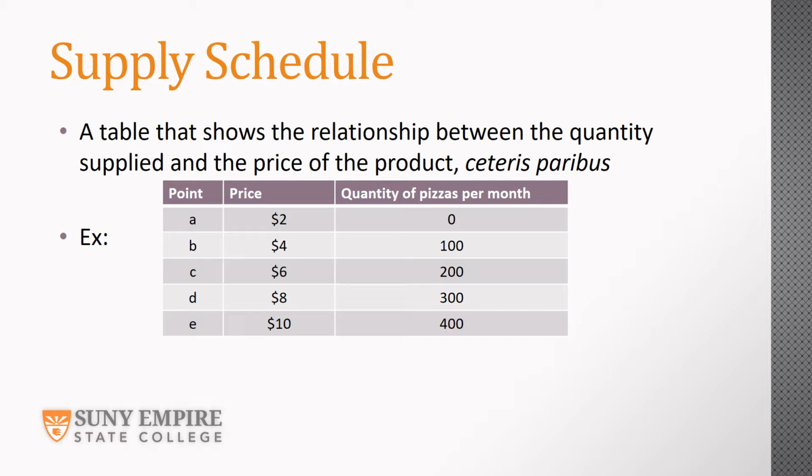At $4, the companies will barely cover their costs, so they are willing and able to produce 100 pizzas. At $6, they produce 200 pizzas. When the pizzas cost the consumer $8 each, the producers supply 300 pizzas. Finally, for the maximum price of $10 per pizza, the companies will produce 400 pizzas.